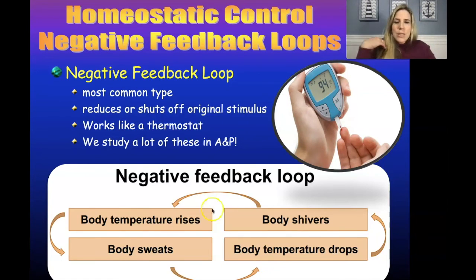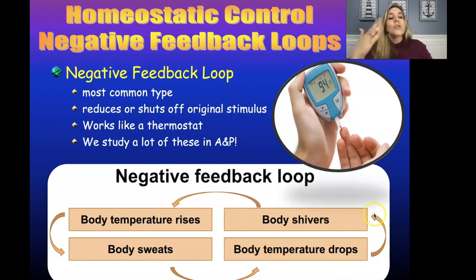If the temperature gets too hot, then the body's going to say, no, you're not supposed to be that hot. And so the brain is going to send signals to our skin to produce sweat, and we're going to sweat to cool things down. So that causes the body temperature to drop. But as the body temperature drops too much, it's going to send a signal to the brain saying, okay, now we've gone below 37 Celsius.